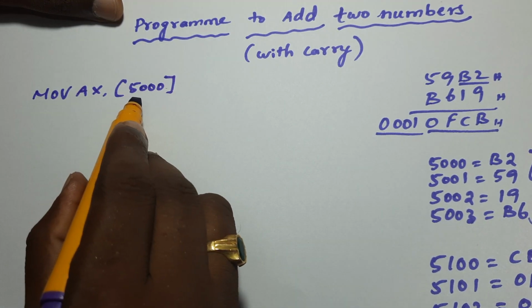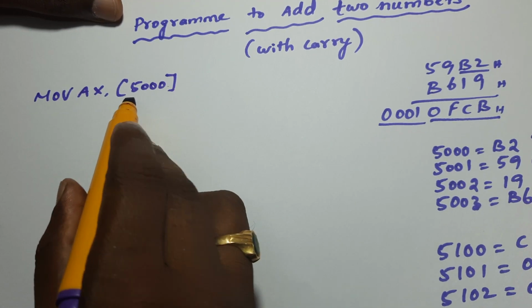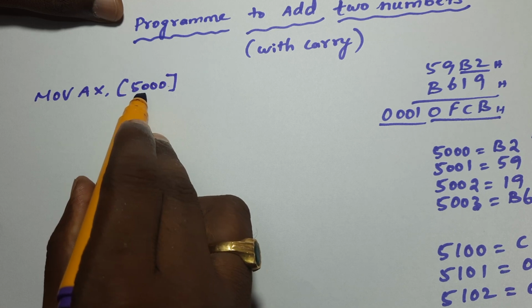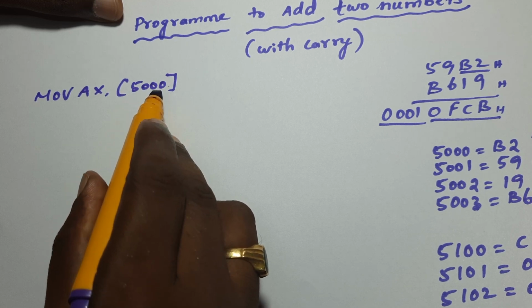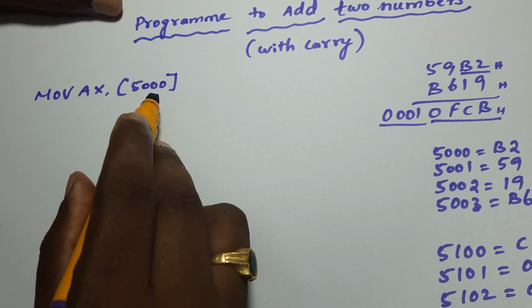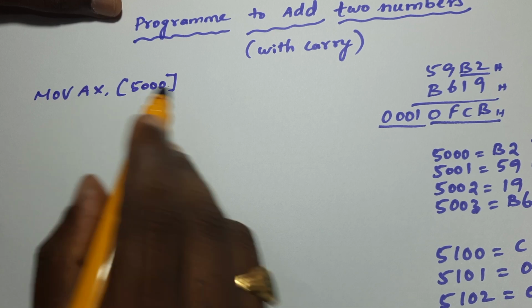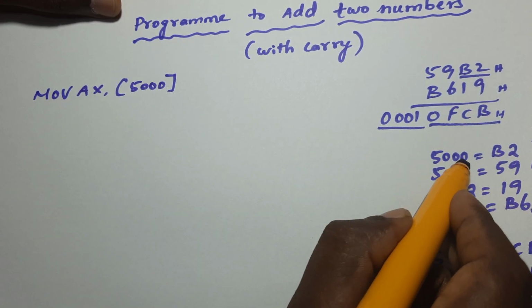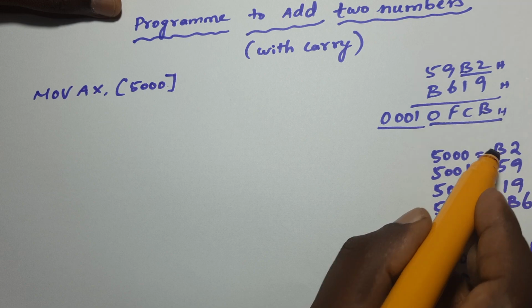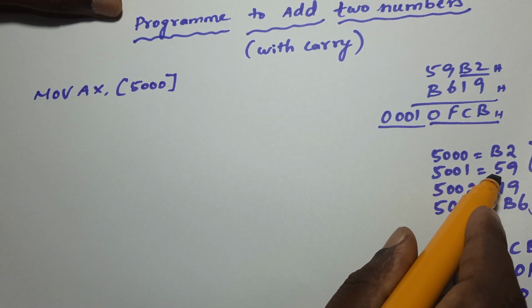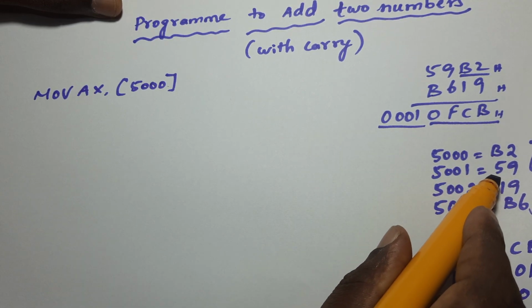I have addressed only 5000, but the value in 5001 is also moved to AH. The value in 5000 is moved to AL, the value in 5001 is moved to AH.